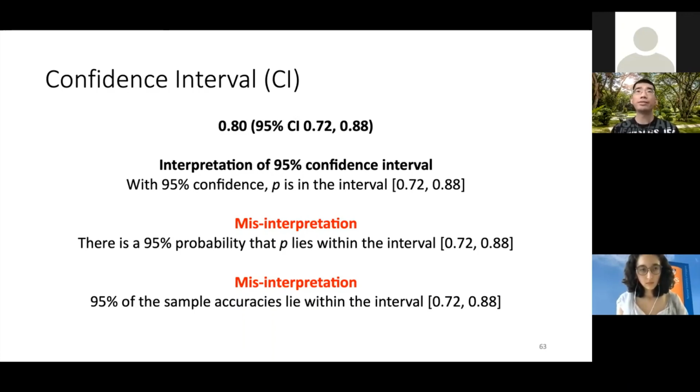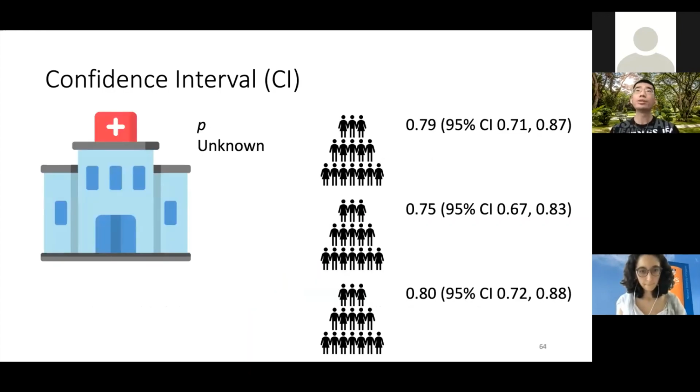So 95% confidence does not say that there is a 95% probability that p lies within this interval. And it also does not say that 95% of the sample accuracies lie within this interval. So the interpretation of 95% confidence is a little more nuanced and requires us to think about making repeated samples, okay? So let's dive into this.